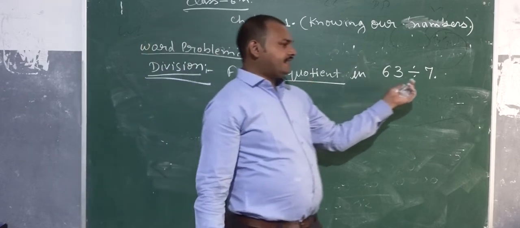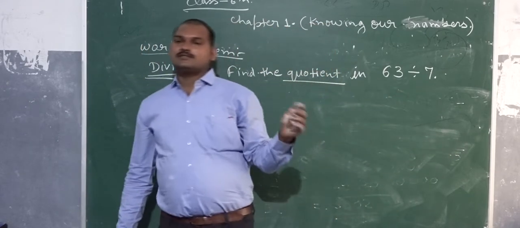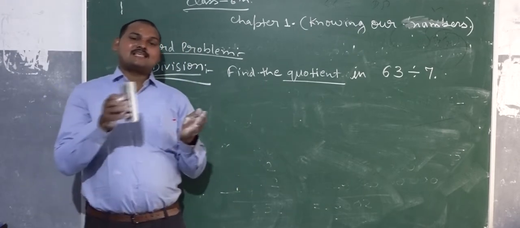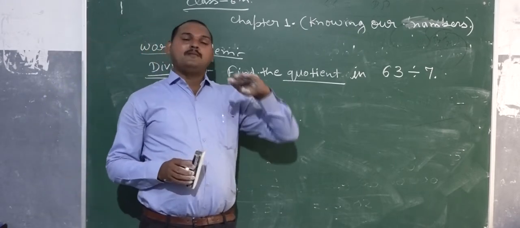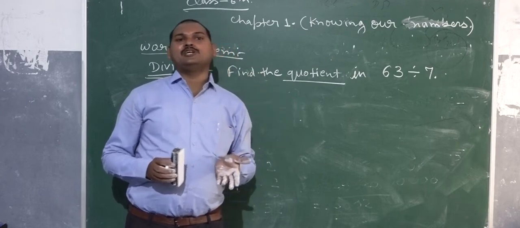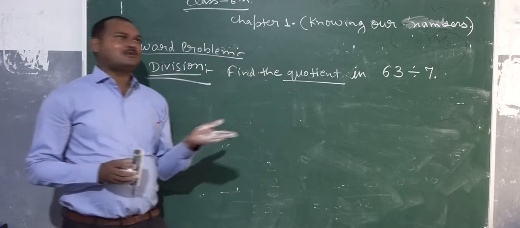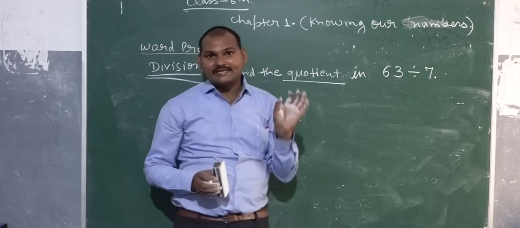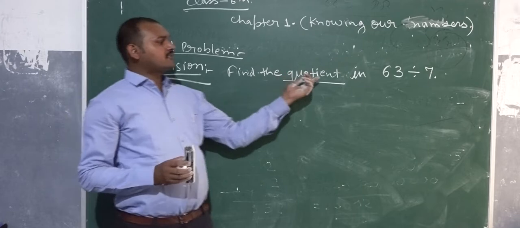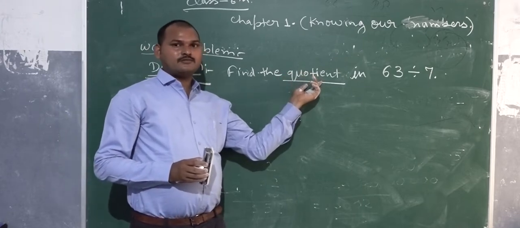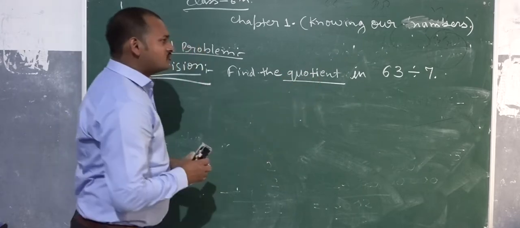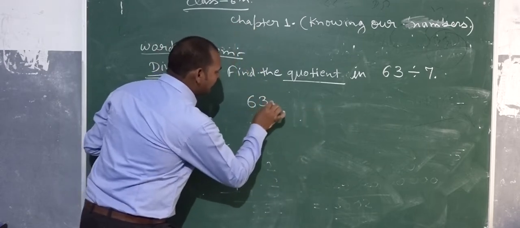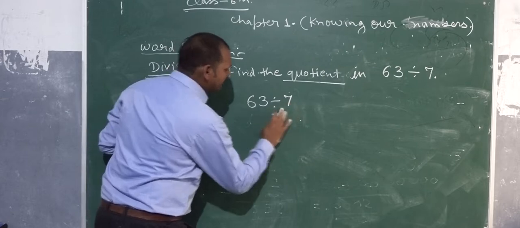If you divide any number by another number, if the number is exactly divisible, means remainder is equal to 0, then how many times you read the table, that number of times is known as the quotient. So if we read here, the question is 63 divided by 7.